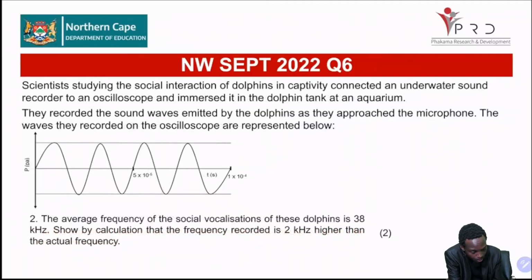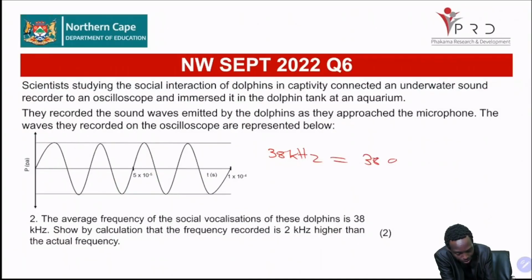The next question says, the average frequency of the social vocalizations of these dolphins is 38 kilohertz. Okay. So 38 kilohertz is obviously 38,000 hertz, right? Because you know that when it comes to a kilo, you multiply by 1,000 or you multiply by 10 to the power of 3.